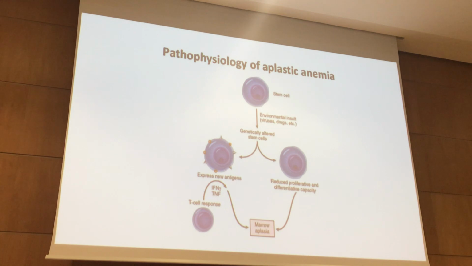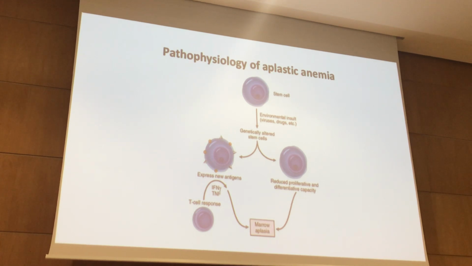Coming to the immune mechanism, suppose you have a normal stem cell and there is an environmental insult on this cell, such as viruses, drugs, radiation, whatever. So there is an alteration of these cells, and that alteration leads to expressing new antigens on those stem cells. With these new antigens expressed, there is a T cell response to them, through interferons or tumor necrosis factor.